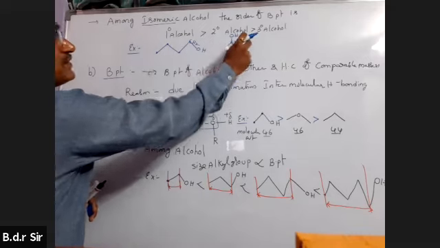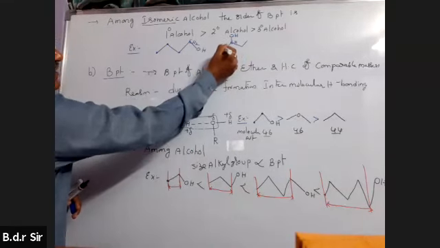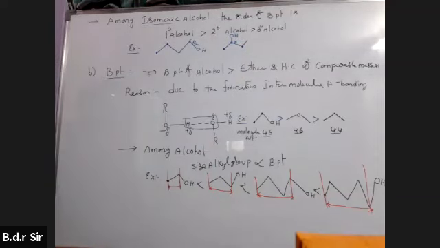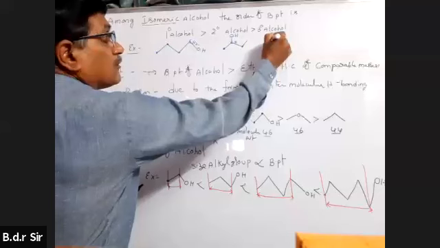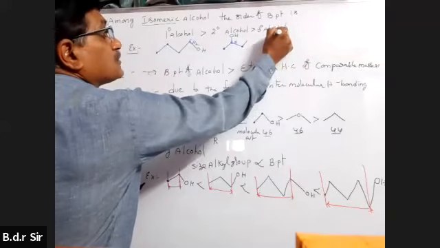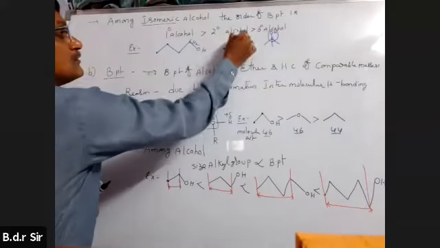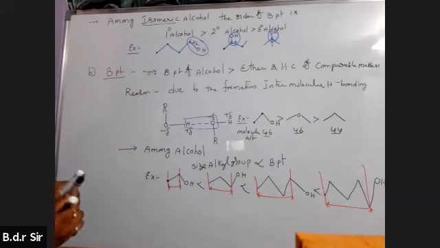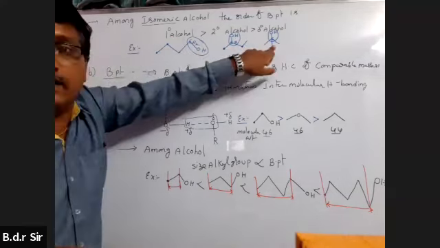The OH group is bonded to a carbon which is bonded with two other carbons, so it is secondary. It means branches increase. In tertiary, OH, here C. Round up to indicate primary alcohol, secondary alcohol, tertiary alcohol.